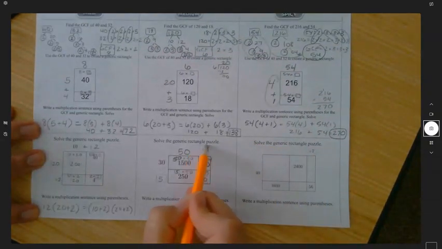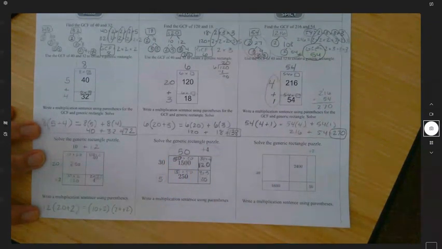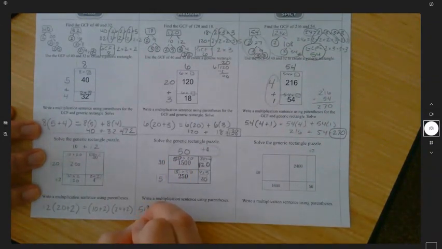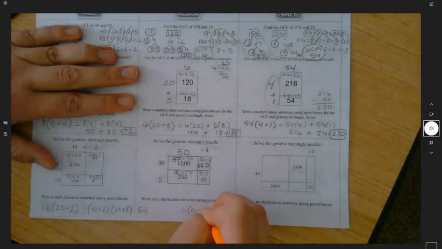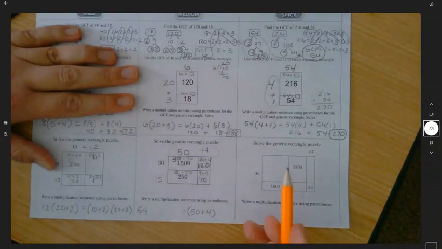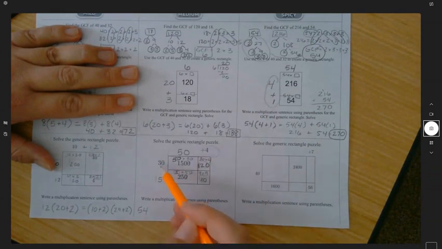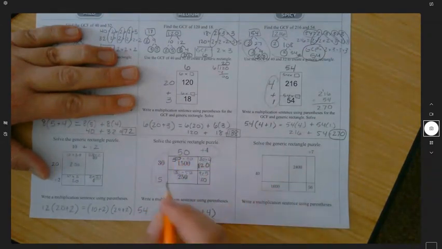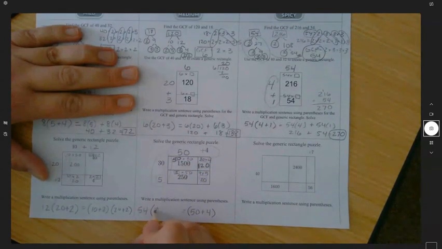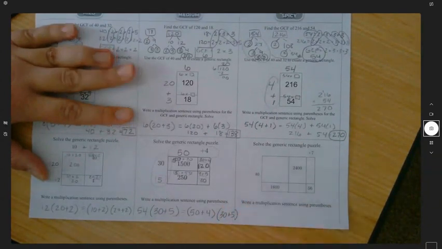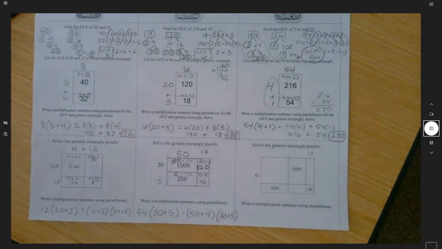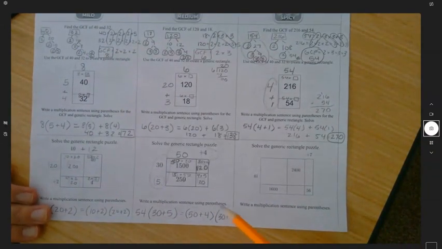So again, I can take this number, which is either 54, or I could write it all out, 50 plus 4, times this number, which could be 30 plus 5 here. And again, times 30 plus 5. So either of those would work depending on how you want to look at the area model.